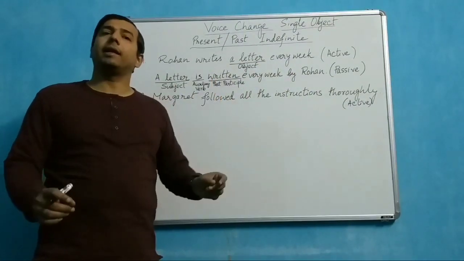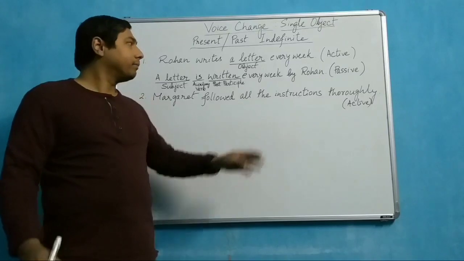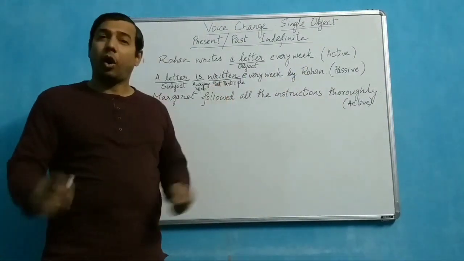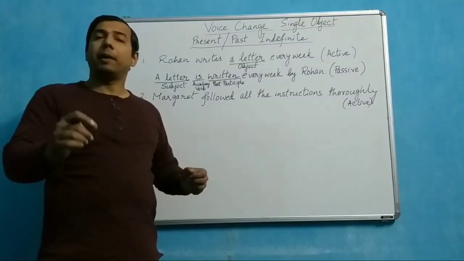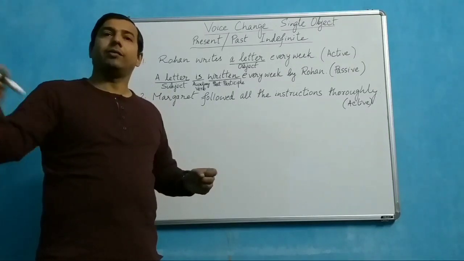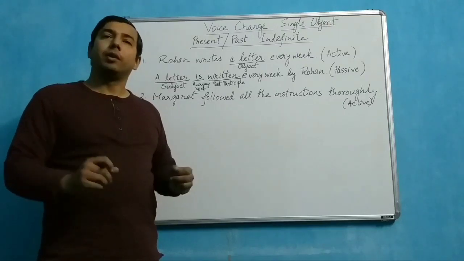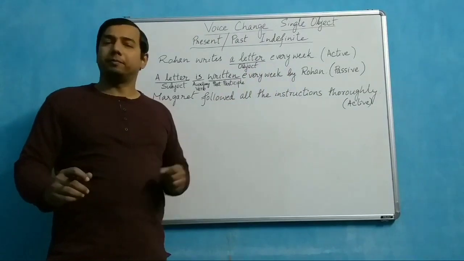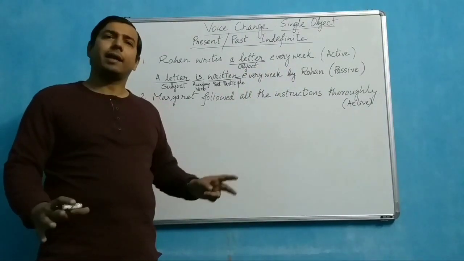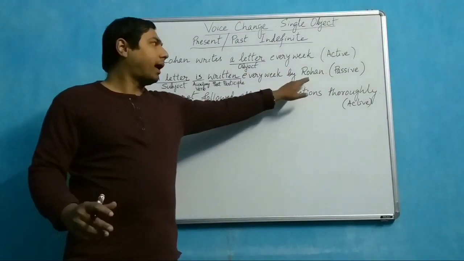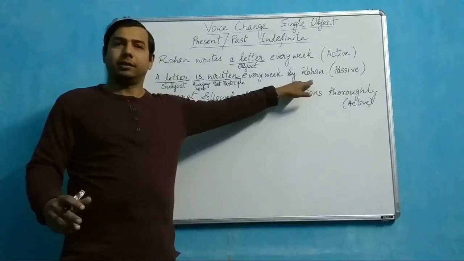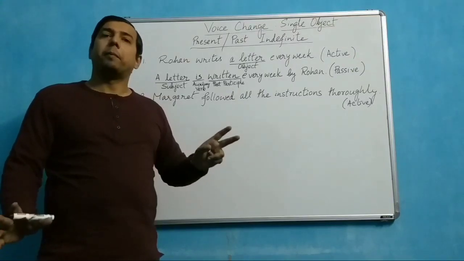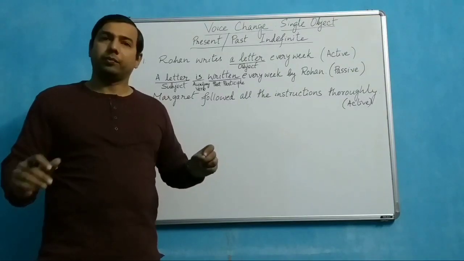But if in any case we feel that it really looks peculiar to place it at the end, or there is maybe an infinitive phrase, or there is a clause, or it is really a long phrase, in that case we may put by and the agent close to the verb. That will be better to read also.